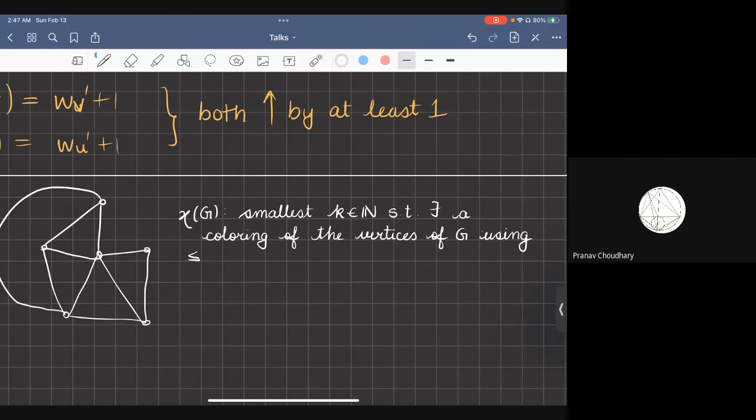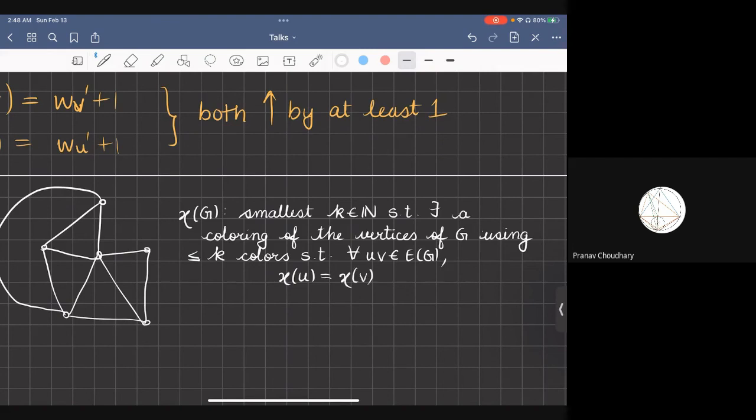This is at most k; I don't need to use exactly k, but it's okay. Colors such that for all UV in the edge set of G, the colors of U and V are different.